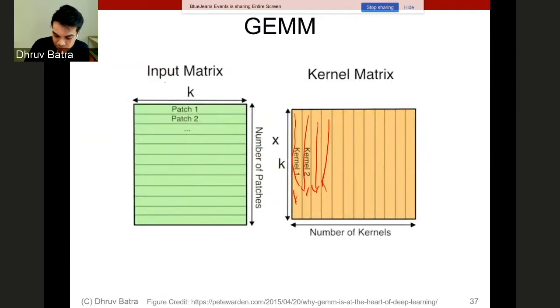And this matrix multiplication, input matrix by kernel matrix or filter matrix, is computing all of the dot products of all of the convolution operations required in parallel. This is known as generalized matrix multiplication, and most GPUs have an API. So for example, CUDA APIs provide generalized matrix multiplication implementations.